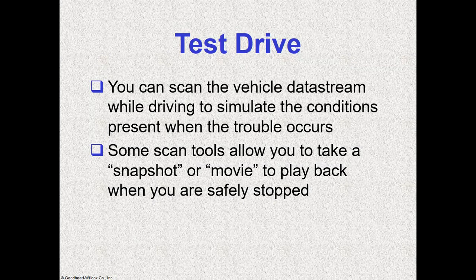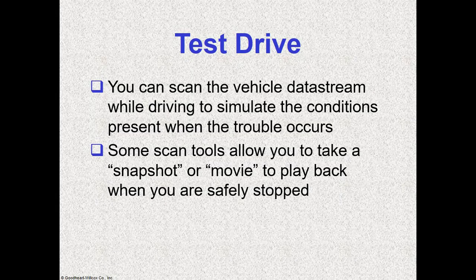If you don't have somebody else in the vehicle with you, and it's you alone doing the job, you can actually record it while you drive the vehicle and monitor what's happening. The scan tool has that capability of recording. And once you reach a safe location where you can safely stop, you can play back to see what occurred at that particular time.